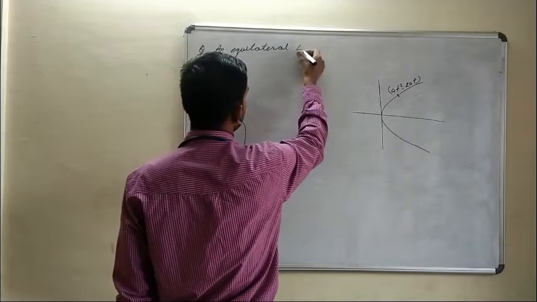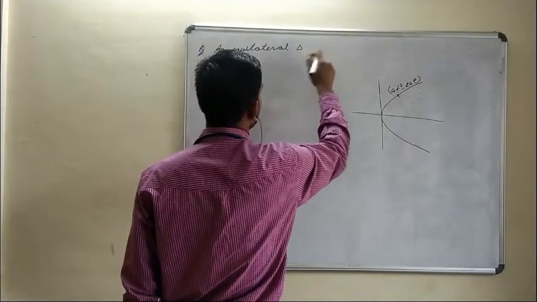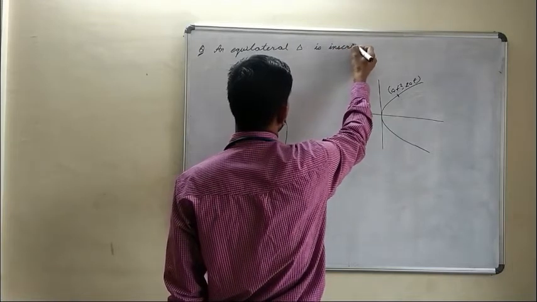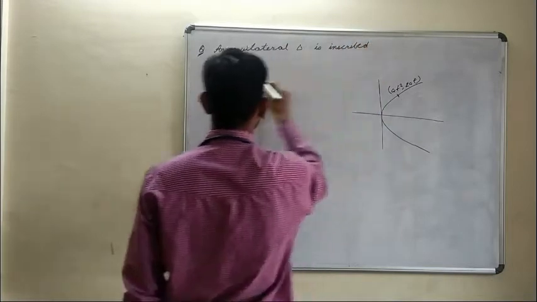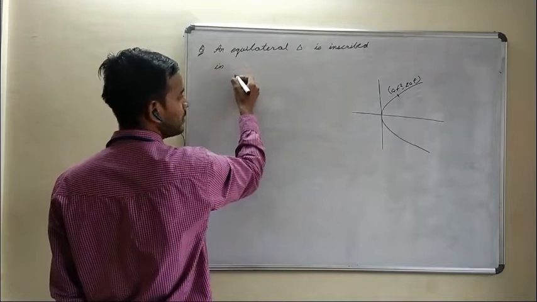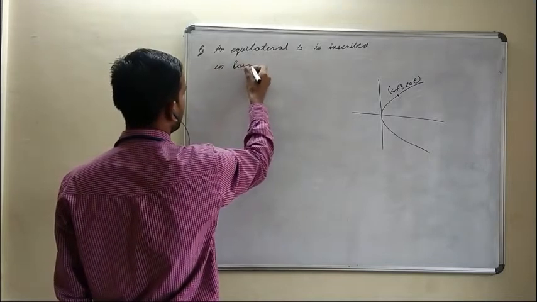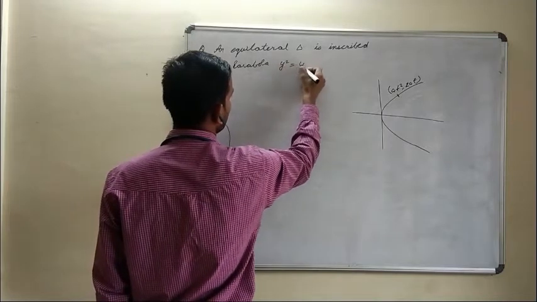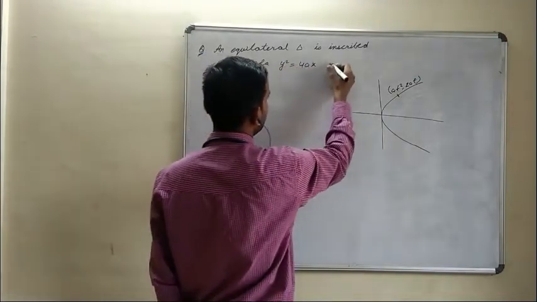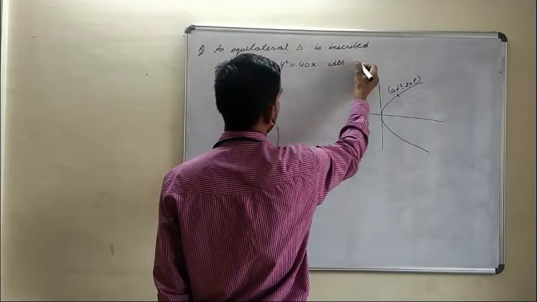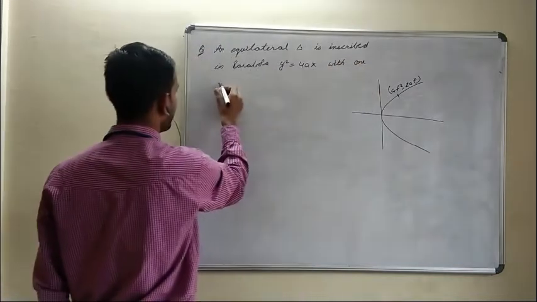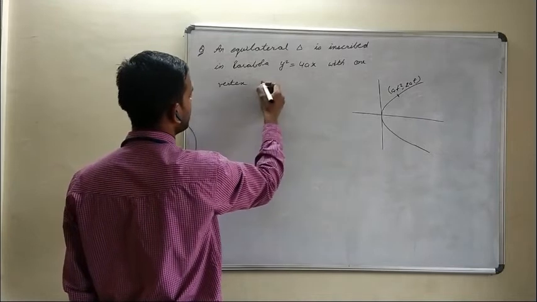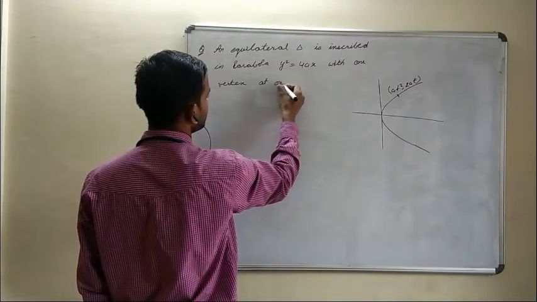An equilateral triangle is inscribed in parabola y square equal to 4ax with one vertex at origin.